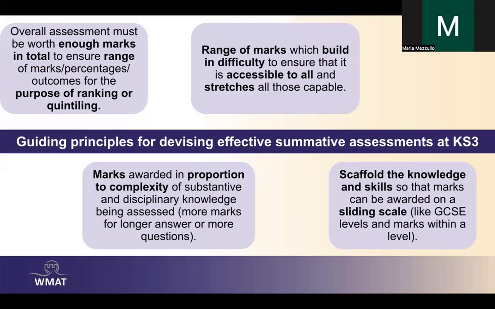This is particularly important for us as a trust, because if we're moving to a quintile system, we need to be able to rank children and then group them into their quintiles. We can only do that if there's a big range of marks, and to do that, you have to have a large enough assessment. So anything between 40, 50, 60 marks would be a big range of marks.